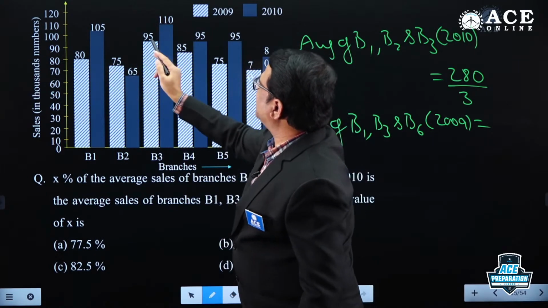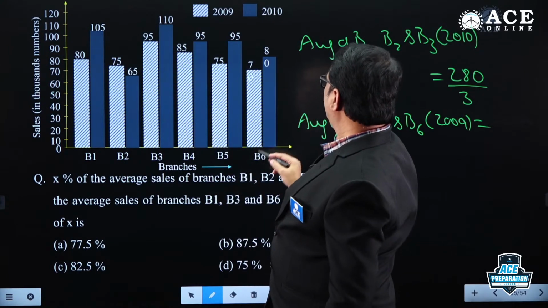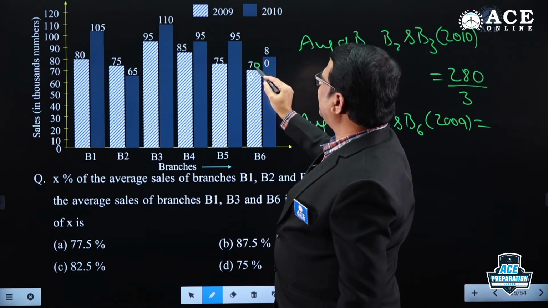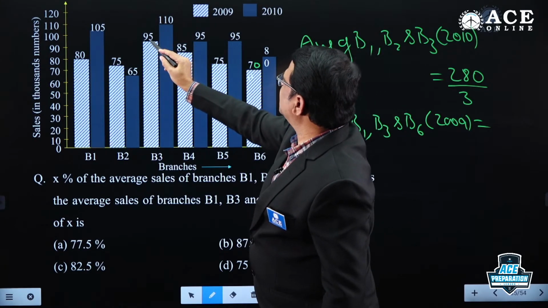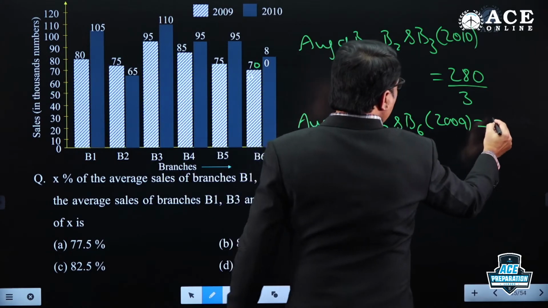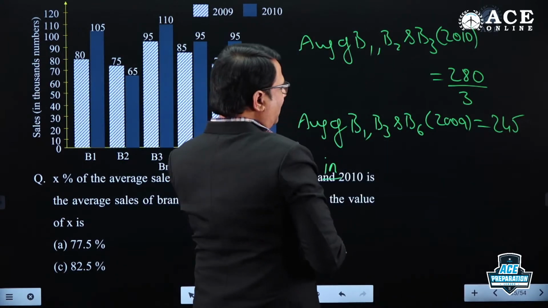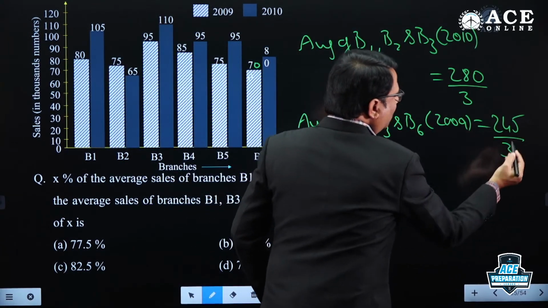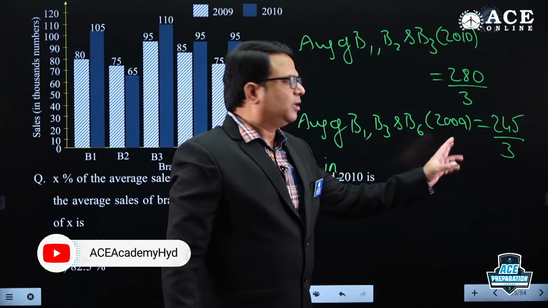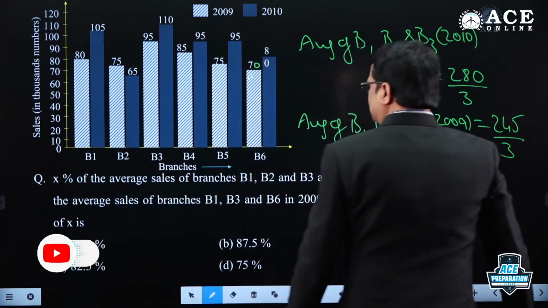So 80 plus 95 is 175. 175 and 70 here, so here 70, here 95, 165 plus 80, 245. Then average means divided by 3. 245 is the total, and to find the average, you have to divide it by 3. So 245 by 3.